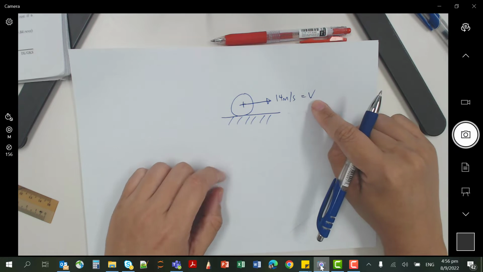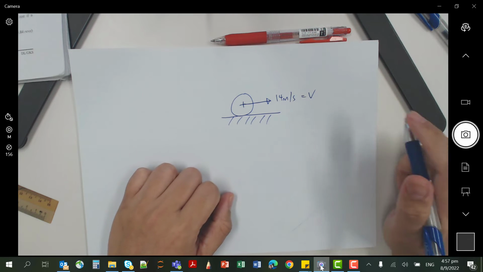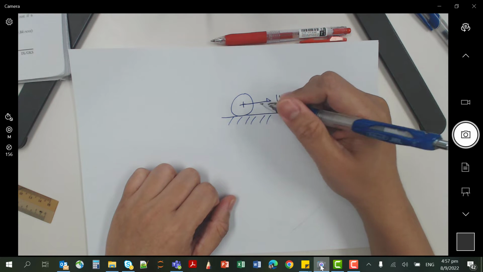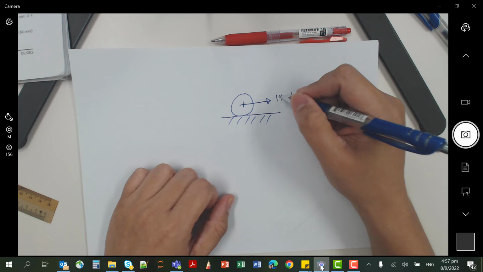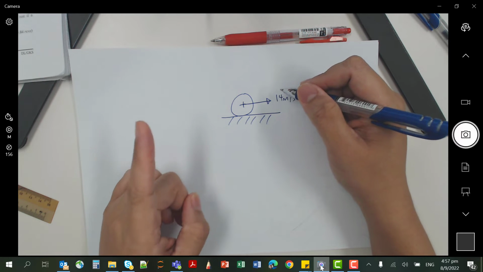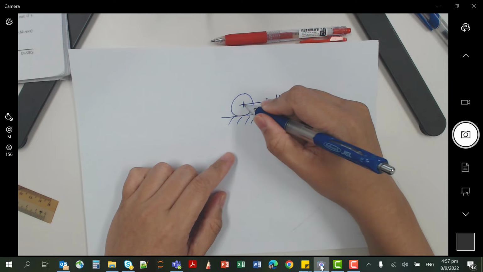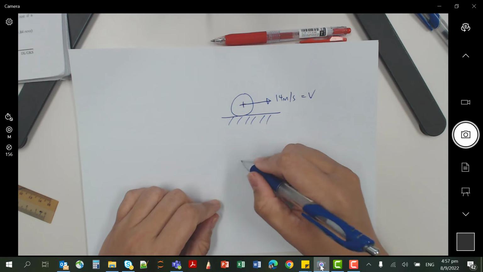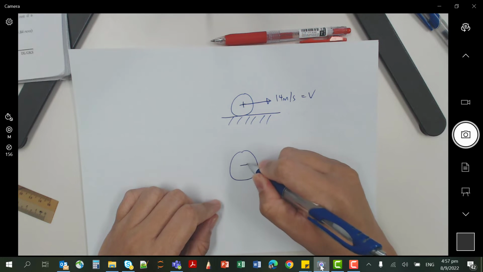That's your V, your velocity. If you imagine yourself placed at the center of the wheel, what do you see?